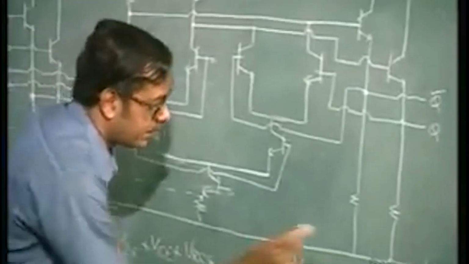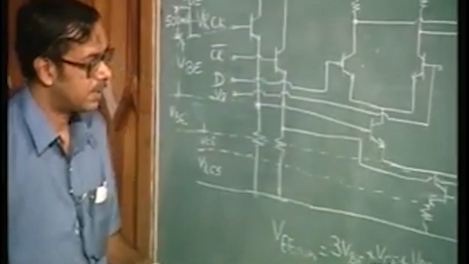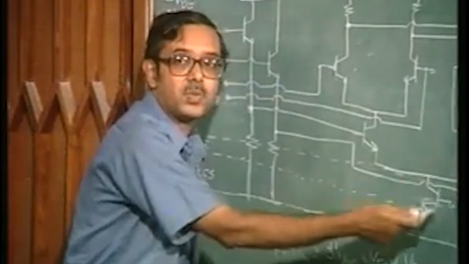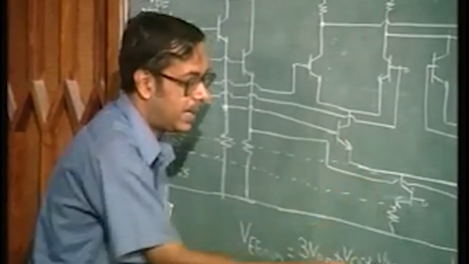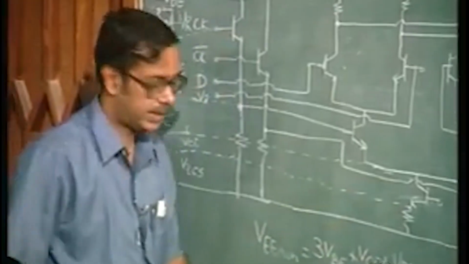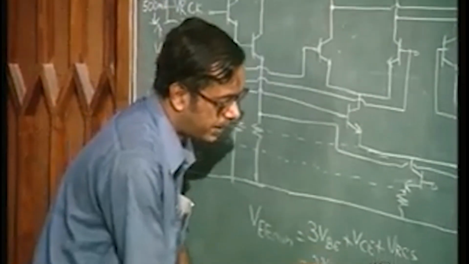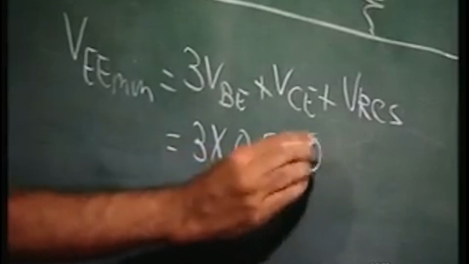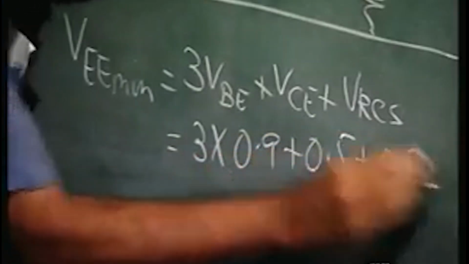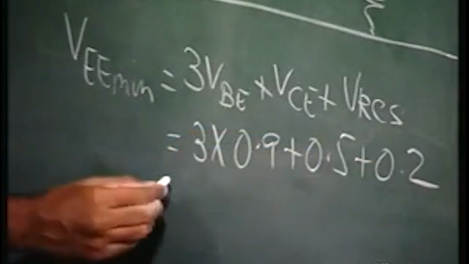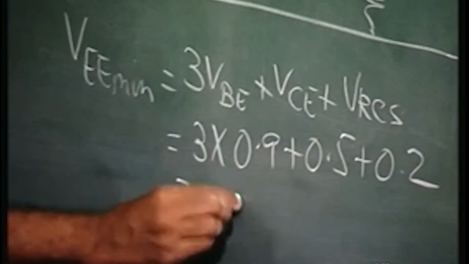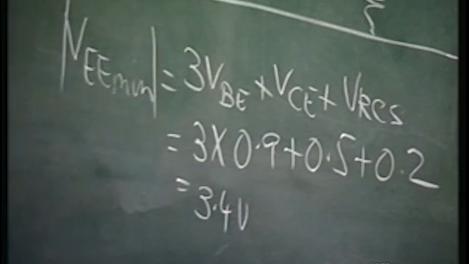So, say VBE is 0.9 volts, VCE, so this transistor, suppose we assume it is 0.5 volts, the collector emitter drop, and VRCS is 0.2 volts, say, then we have 3 into 0.9 plus 0.5 plus 0.2. So, which means how much? 2.7, 3.2, 3.4 volts. So, this is actually the modulus of that. So, VEE we can have is minus 3.4 volts.